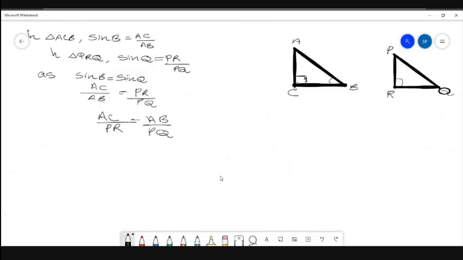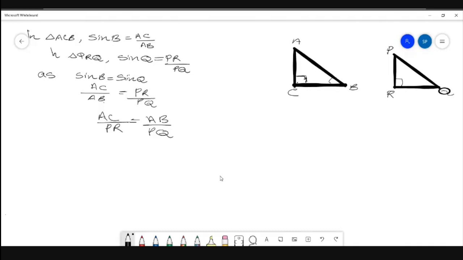Then here what we have to do is, the sides of two triangles are in proportion. We can say the triangles are similar. That is one of the similarity criteria. If all the three sides are in proportion, both the triangles are said to be similar. That you will study in detail in the triangles lesson. Here AC's corresponding side is PR, AB's corresponding side is PQ.